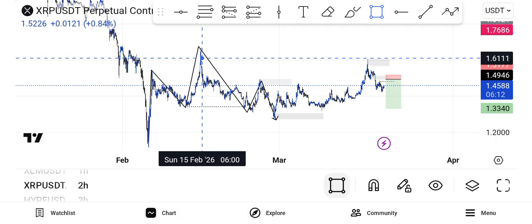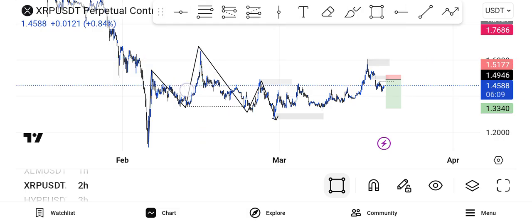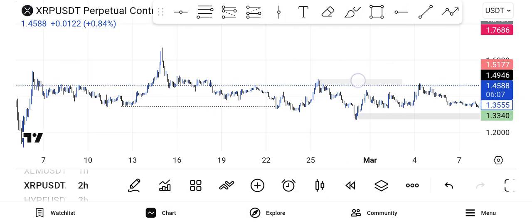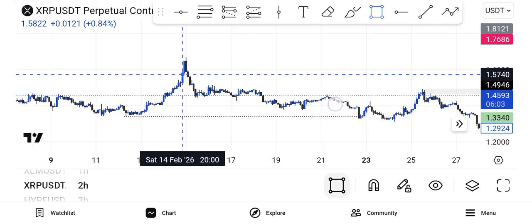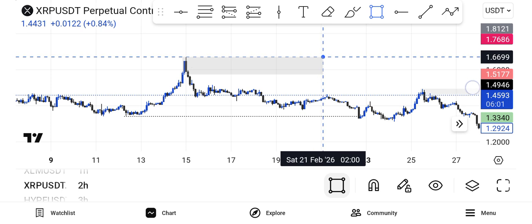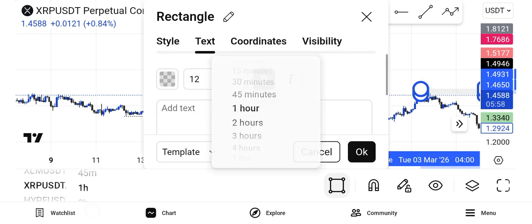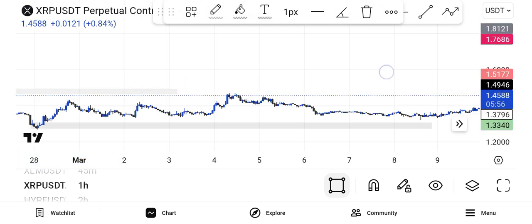Then you go to a more precise lower time frame to mark out the order block that is in that low. On the 2 hours, if we are to mark it out on the 2 hours, this is it.